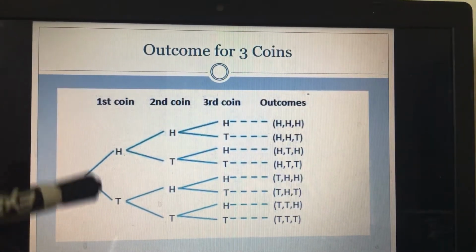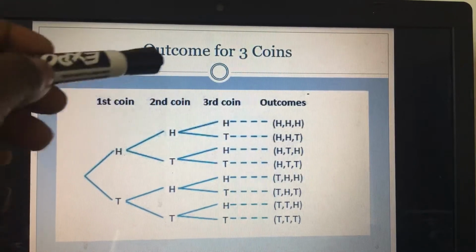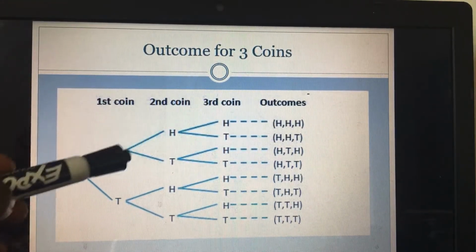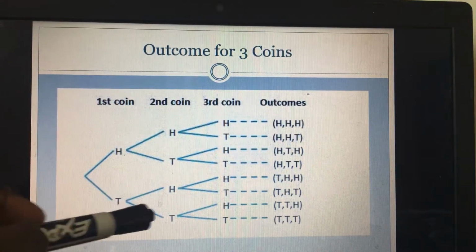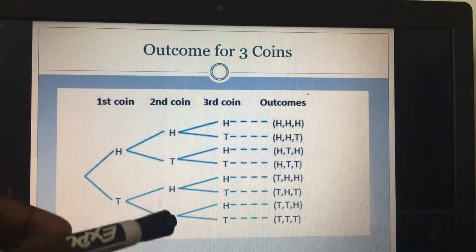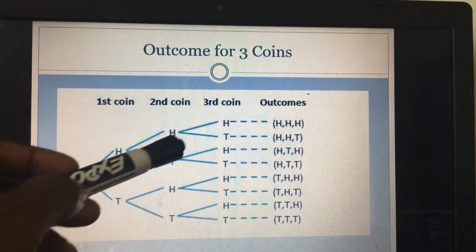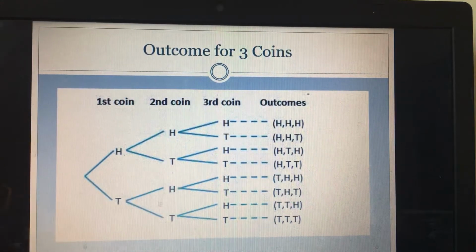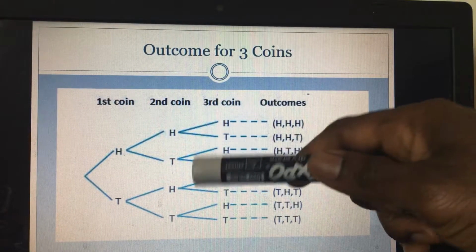So the first coin can be head and tail. Second coin, from the tip here, you have head and tail. From the tip of this, you have head and tail. And the third coin, from the tip of all these tips, you have head, tail, head, tail, head, tail, head, tail. So this is the way to put it, so that we can have all the outcomes we need.